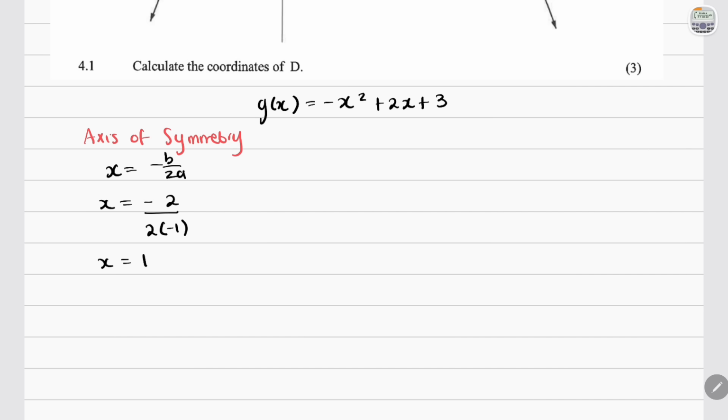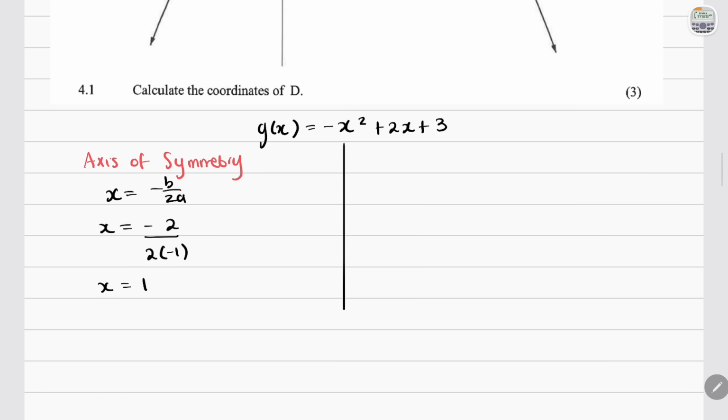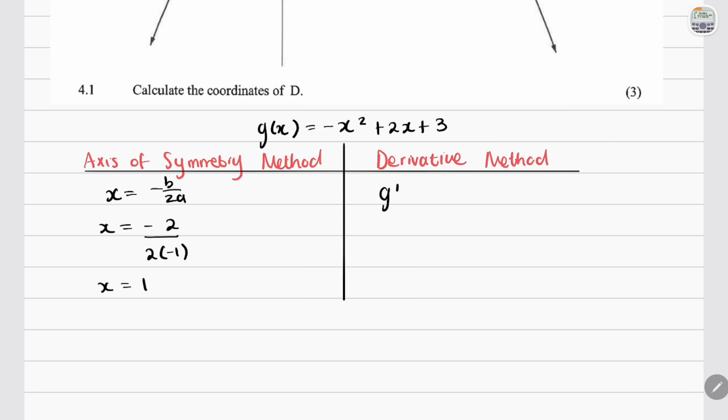And then you find the y value. The second way to get that x value would be using the derivative. So using the function's derivative, we'll say g prime of x is equal to the coefficient times the exponent, which is negative 2x, and then exponent minus 1 is 1, you don't have to rewrite that 1. Then plus 2, and the x falls away, because the exponent minus 1 gives you 0, and anything to the power of 0 is 1, so that stays.